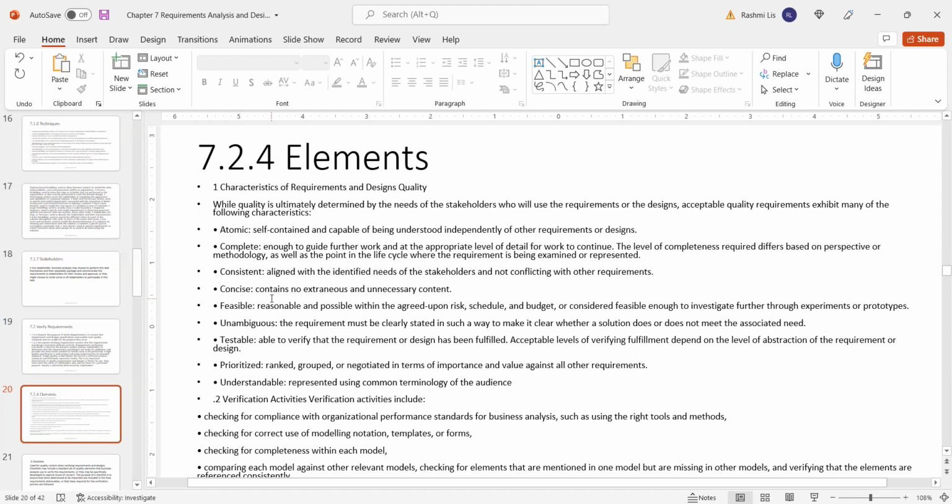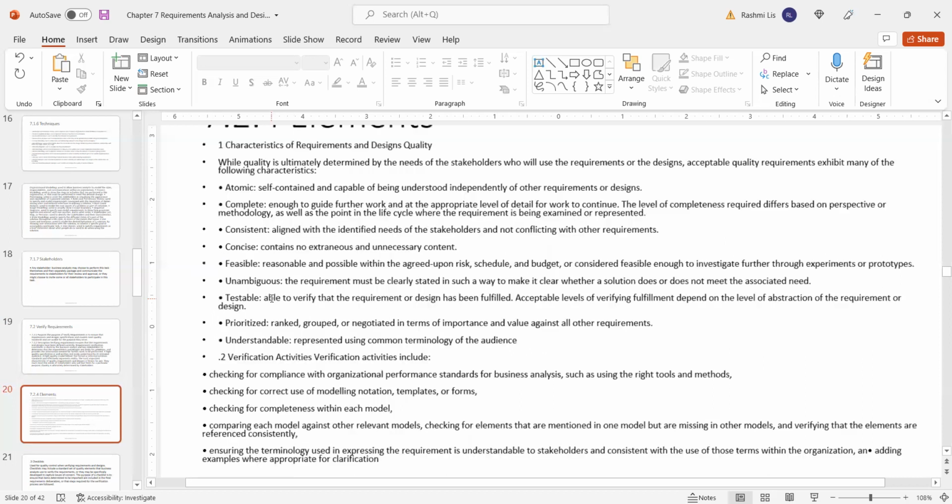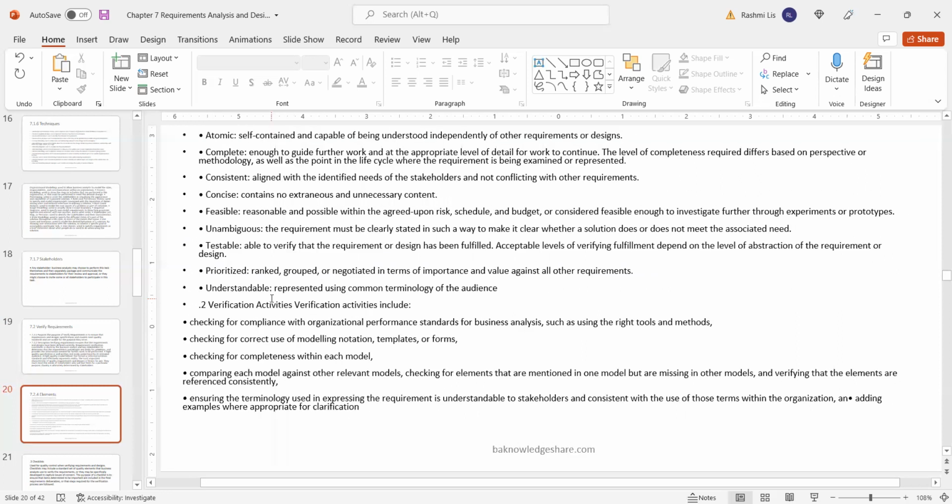Verification activities include checking for compliance, and this is the second element. Checking for compliance with organizational performance standards for business analysis, such as using the right tools and methods, checking for correct use of modeling notation, templates or forms, checking for completeness within each model, comparing each model against other relevant models, checking for elements that are mentioned in one model but are missing in other models, and verifying that the elements are referenced consistently.